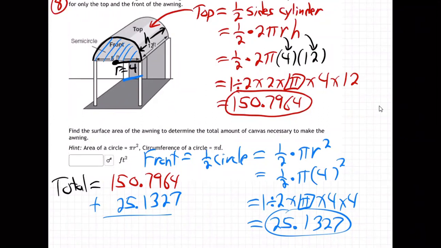I'm getting a total of 175.9291. There we go, total surface area.